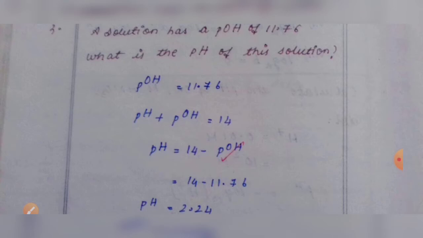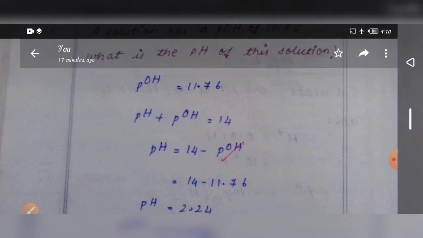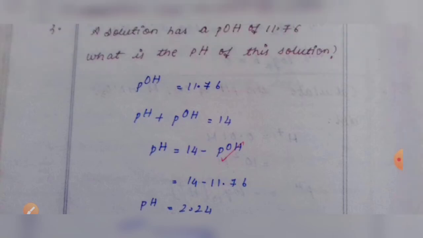Here don't use the logarithmic formula, use the direct formula pH plus pOH is equal to 14. So pOH value will be given, pH is equal to 14 minus pOH, 14 minus 11.76 equal to 2.24.